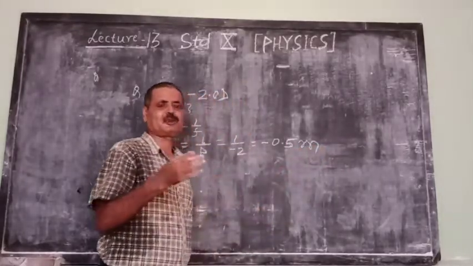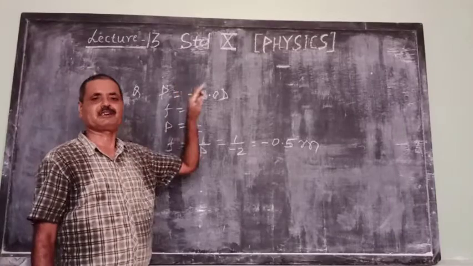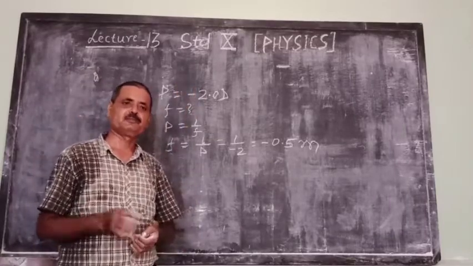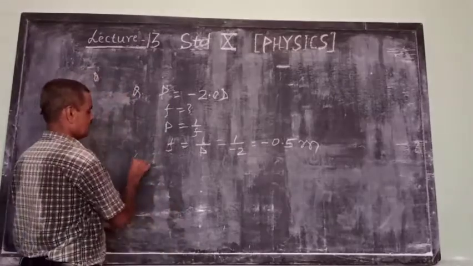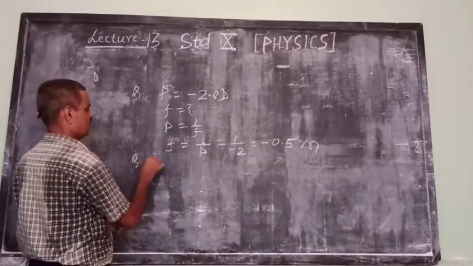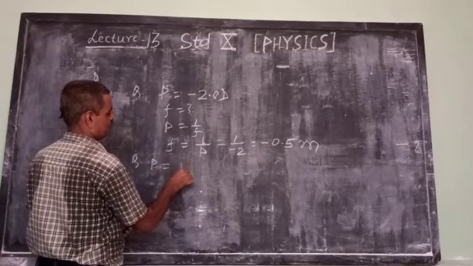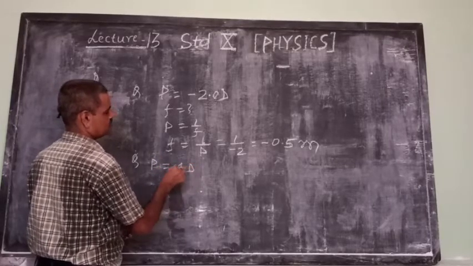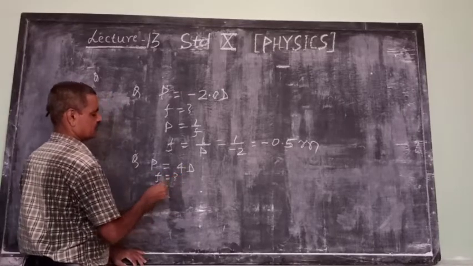We can solve another problem. If the power of the lens is positive, the lens will be convex. Another question: if the power of a convex lens is 4 diopter, what will be the focal length of the given lens?